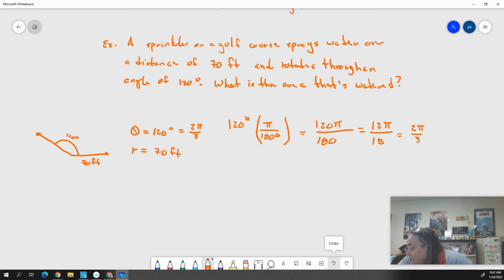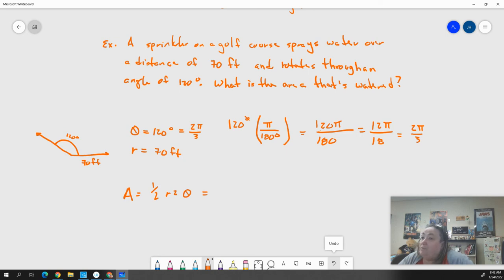So now all I need to do is figure out that area, right? So we know, what is our formula? A equals 1/2 r squared theta. And we have all the pieces of this puzzle, right?